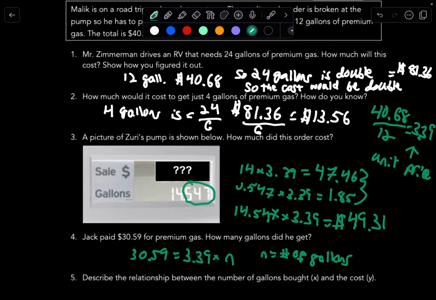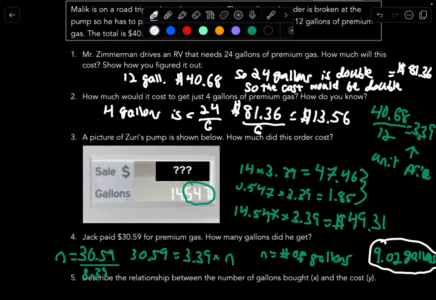That's an equation, and we're not quite there yet, but to write that would just be 30.59 divided by 3.39. And that works out to be 9.02 gallons. I just took the total cost divided by the cost per gallon.